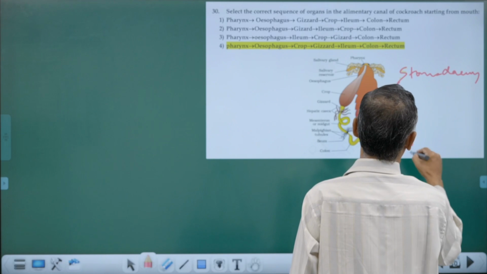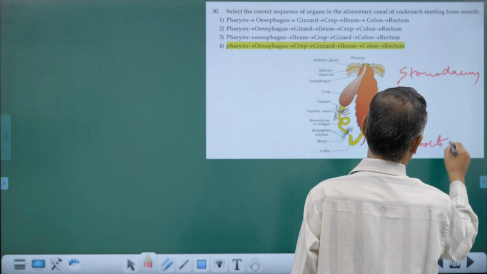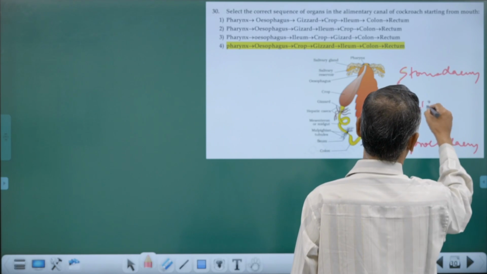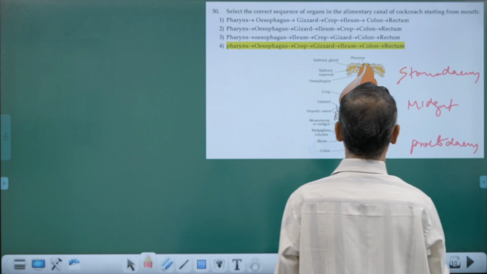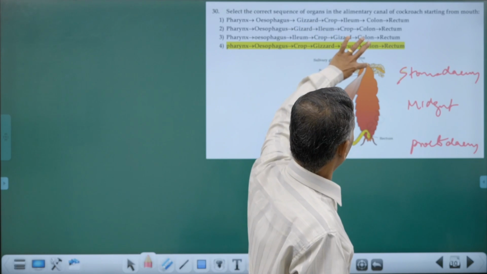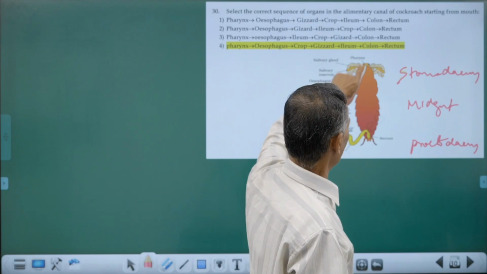A hind part, proctodeum, hindgut, and a midgut, mesenteron.